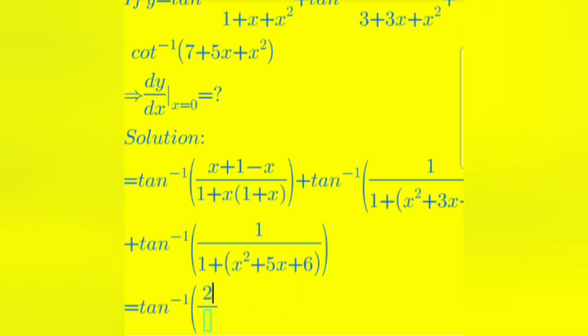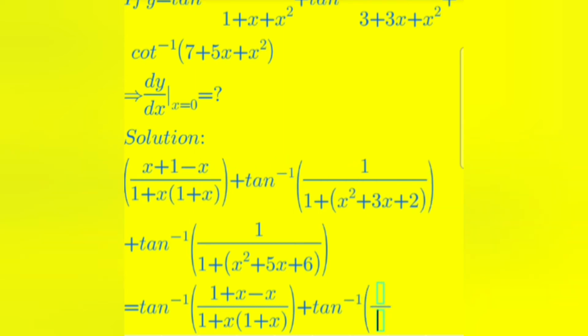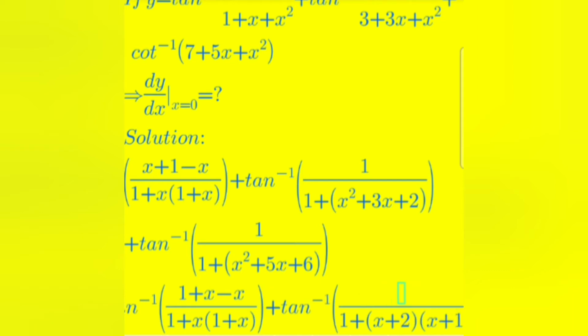This is tan inverse of 1 plus x minus x over 1 plus x into 1 plus x. Same for the second part, tan inverse, it can be written as x square plus 3x plus 2, and the factors of this are x plus 2 and x plus 1, so first we write 1 plus within the bracket x plus 2 into x plus 1.